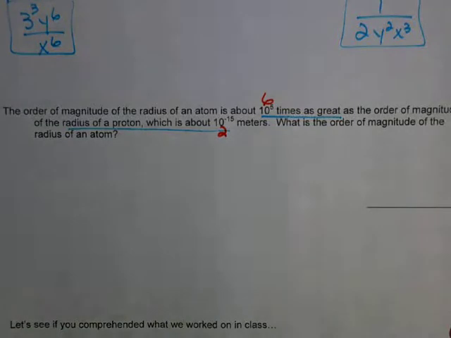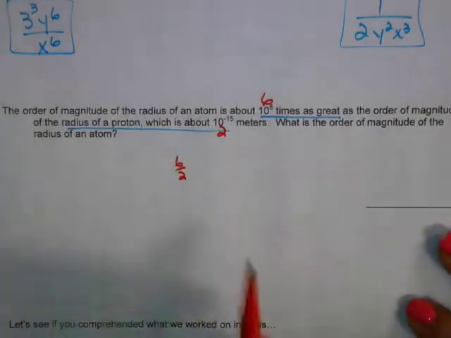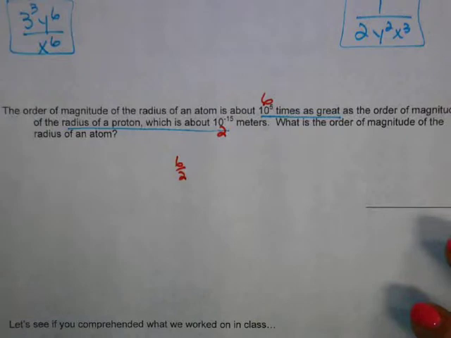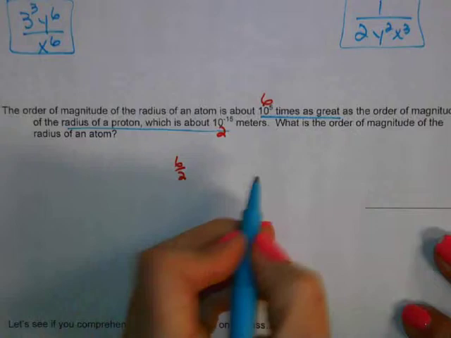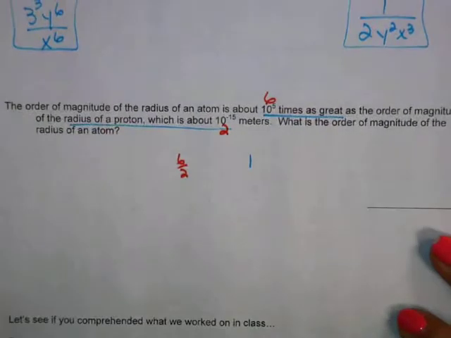If it's 6 times as great and the proton is 2, how would you find out what the radius of the atom is? What would you do? Divide, wouldn't you? 6 times as great and the proton is 2, you would divide. If that helps you set it up, do that. And then use the real numbers. So I have to do, I'm sorry, I wouldn't divide.